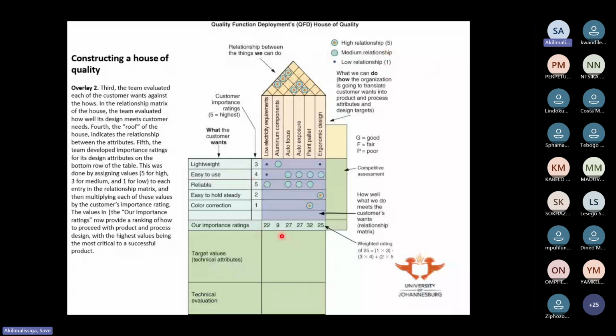So how do you come up with this 22? You take the customer importance rating here for lightweight, because there is a relationship. So we take 3 times the number associated with this symbol here, which is 1. So that is 3 times 1. And you move below.